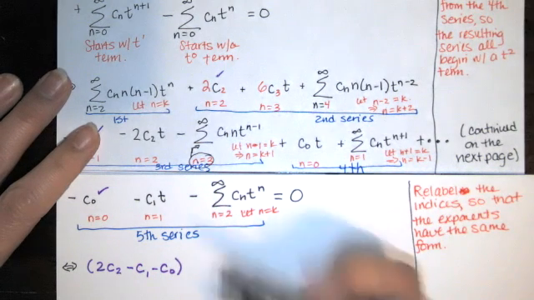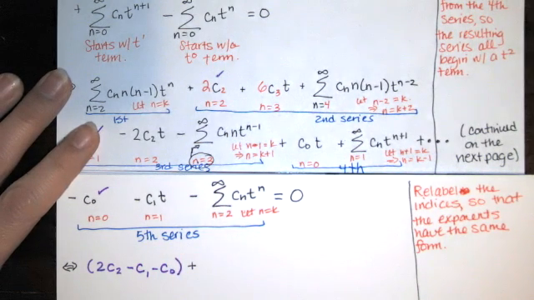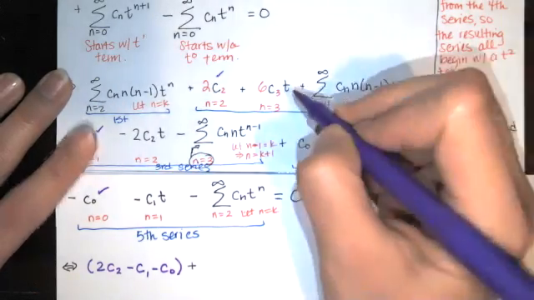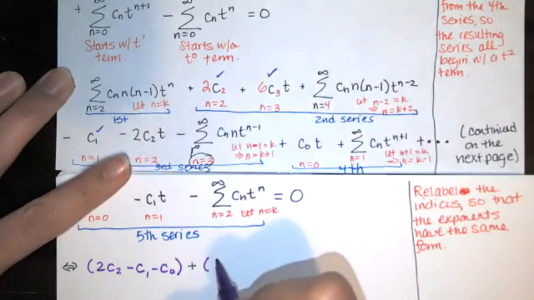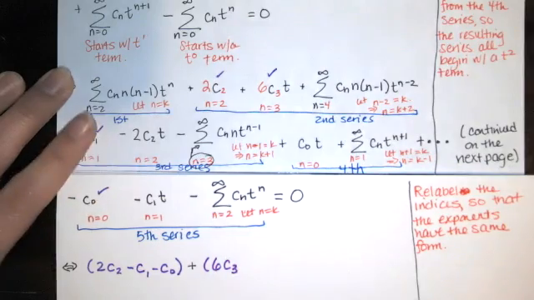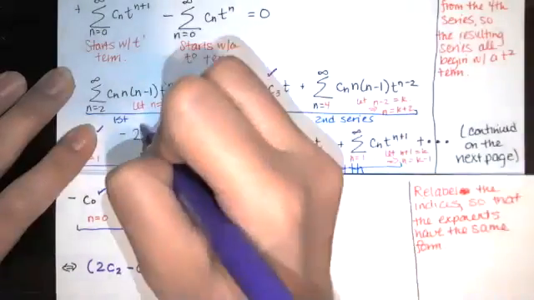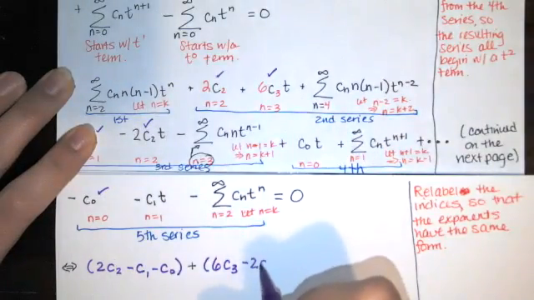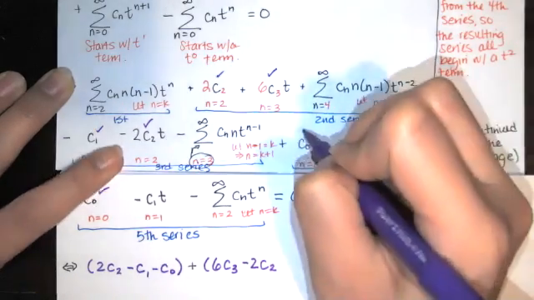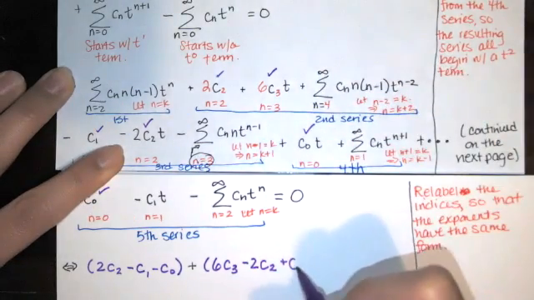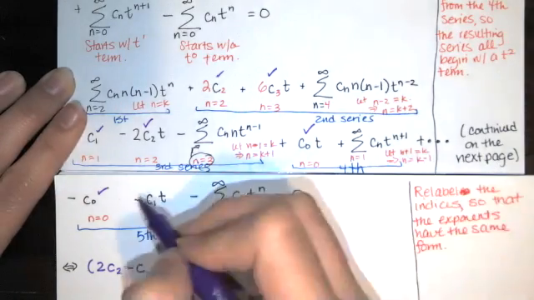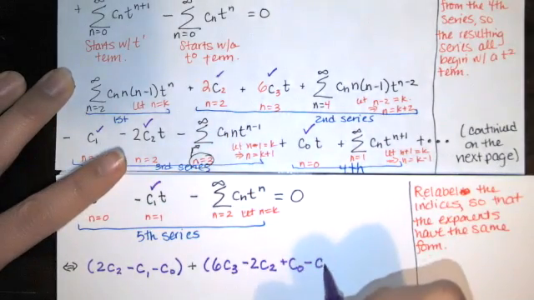So that's that there. And then we're adding the t terms next. I've got a 6c sub 3 times t, just factoring out that t for right now, minus 2c sub 2 times t, plus c sub 0 times t, minus c sub 1 times t.